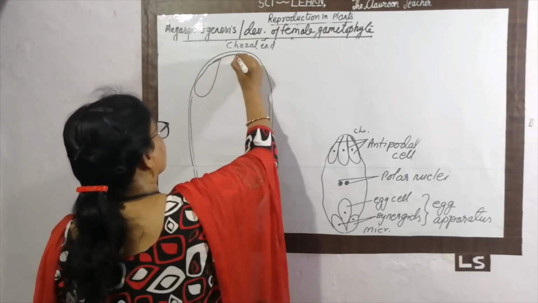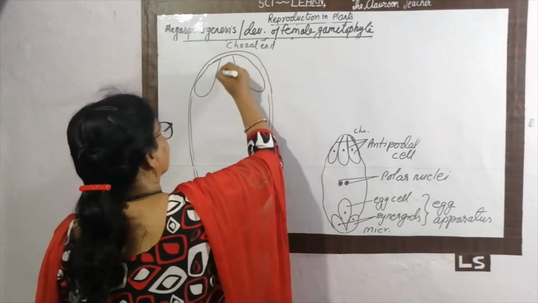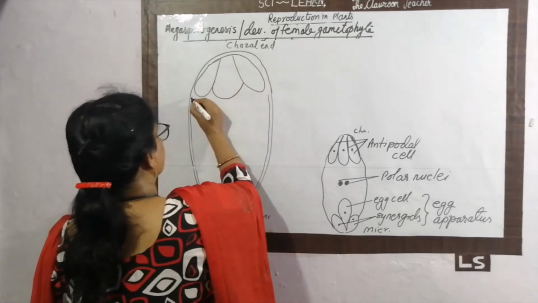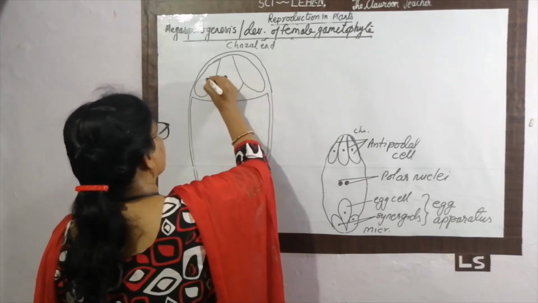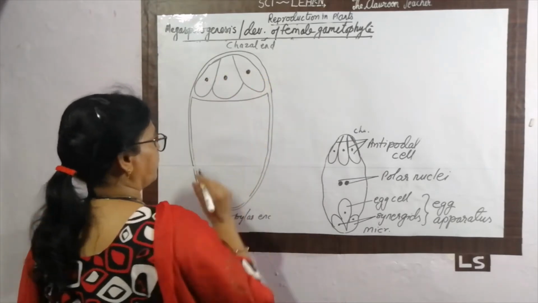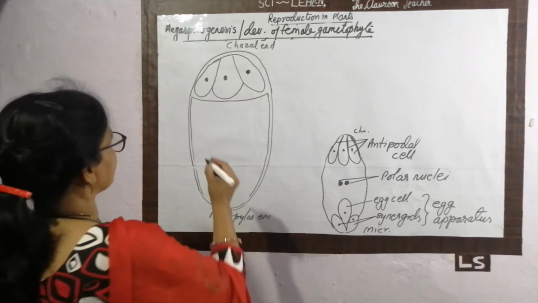These are the 3 antipodal cells. 1, 2, and this 3. The 3 antipodal cells there.